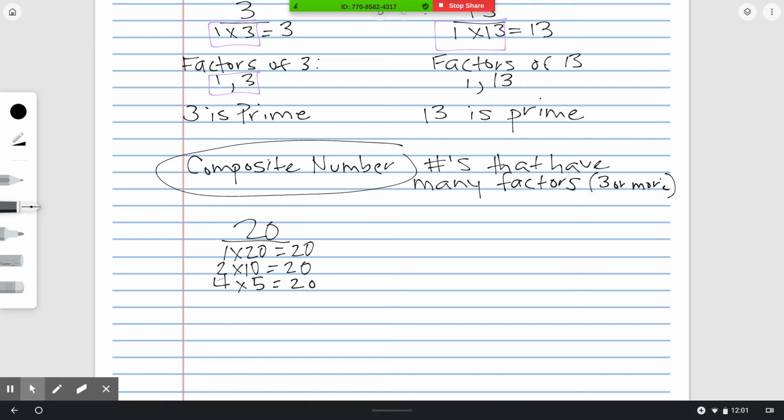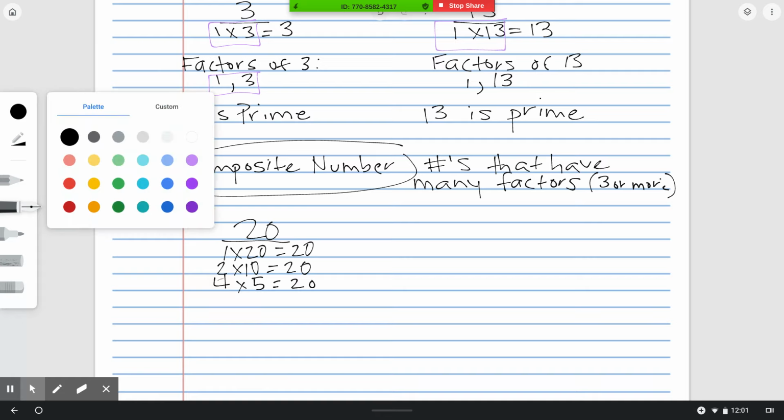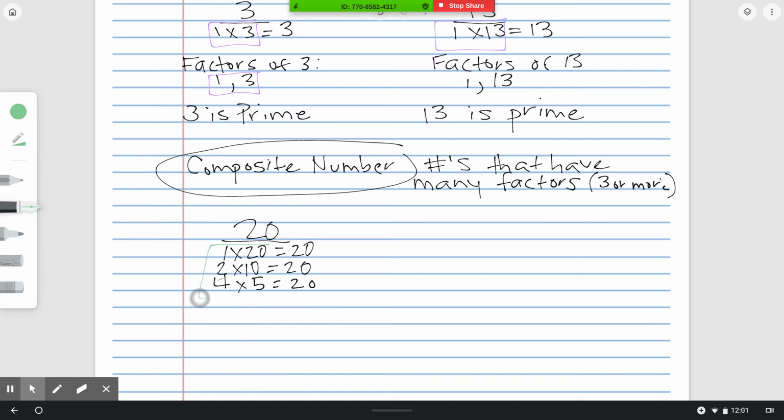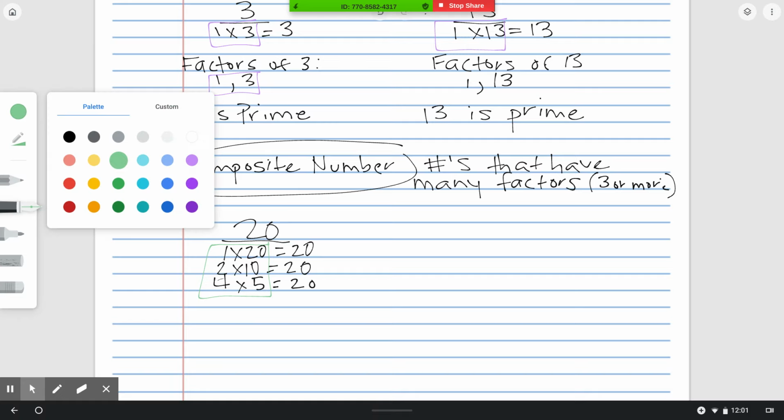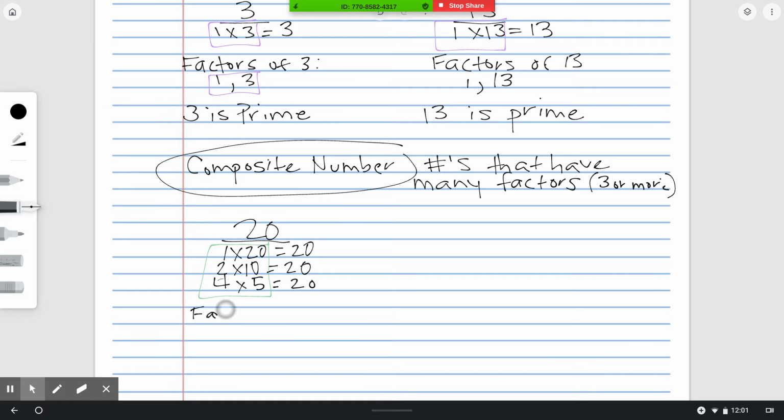Okay, let me square off my list here. We've been using green for one that has multiples, I believe. So the factors of 20 are 1, 2, 4, 5, 10, 20.